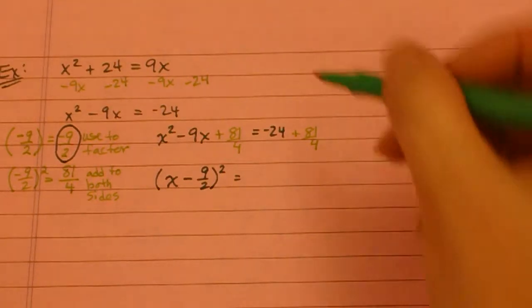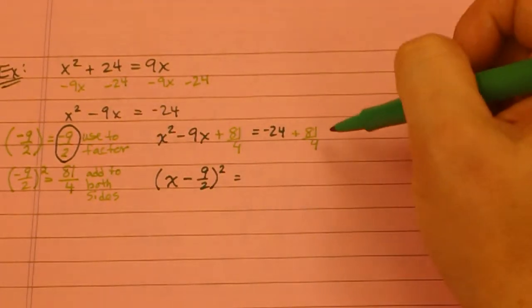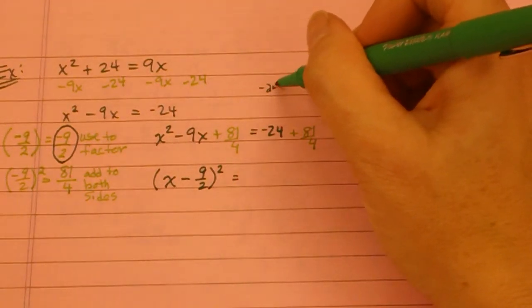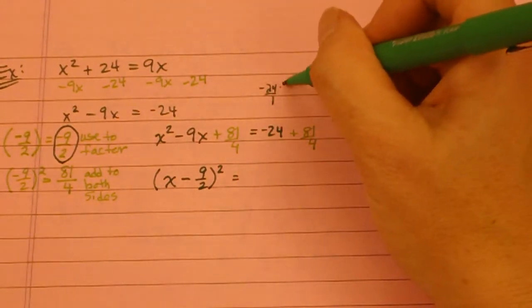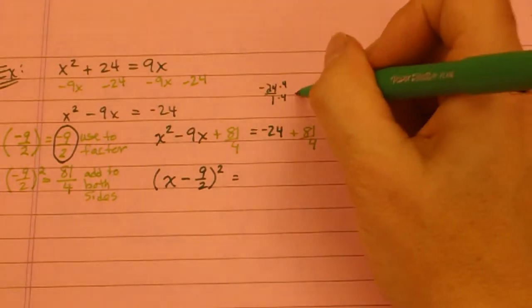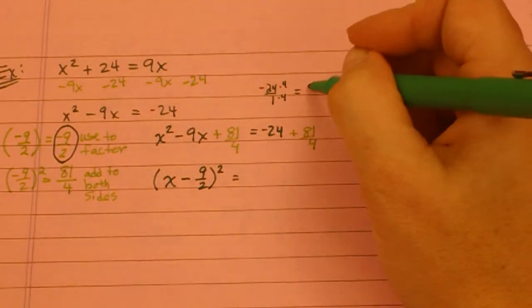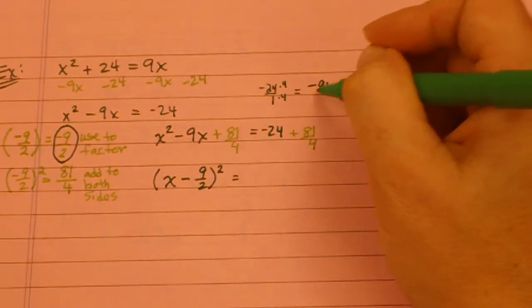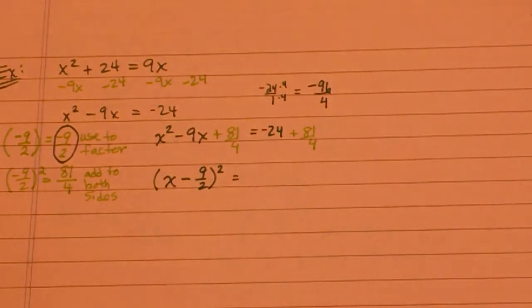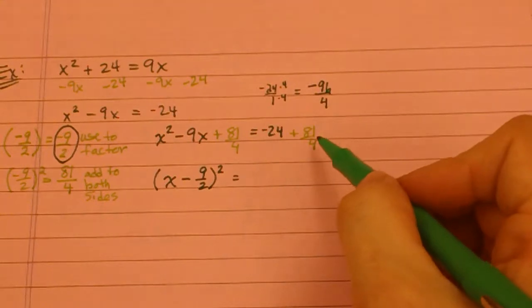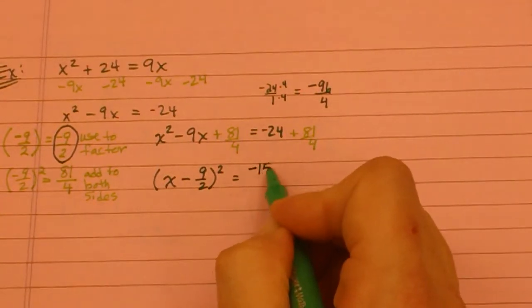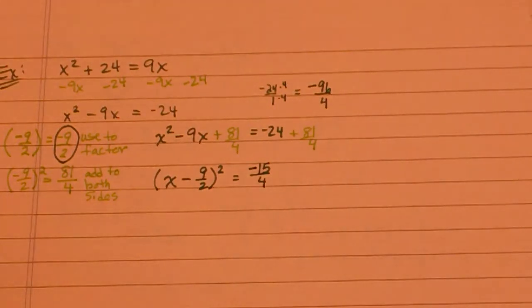Then I need common denominator to be able to combine the negative 24 and 81 fourths. So I have negative 24 over 1, so times 4 would equal negative 96 fourths plus the 81 fourths that I had from before is going to give me negative 15 fourths.